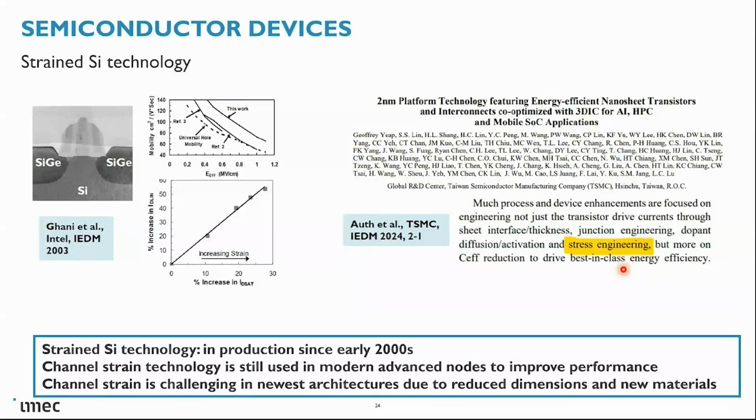But the modern devices are also more challenging because of the reduced dimensions and the new materials. So when we study strain, we need to take that into account, and it's still a subject of research.